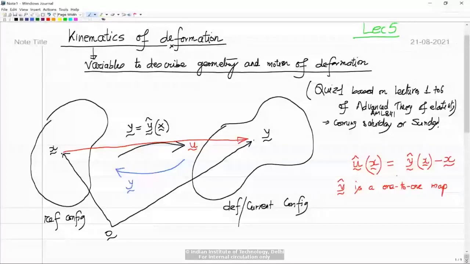But you see this inverse, okay, we can write either as y hat inverse, or we can think of a function x with a bar, because the functions with a bar are used to denote Eulerian functions, isn't it?